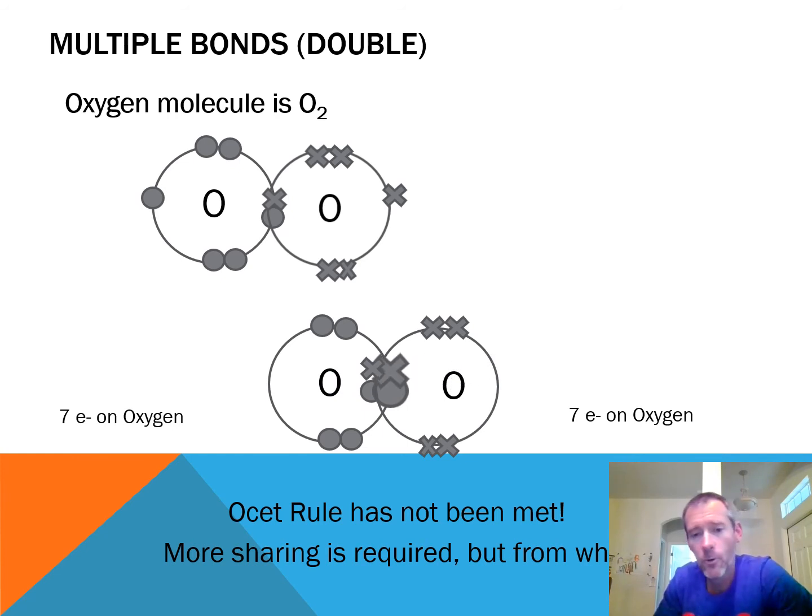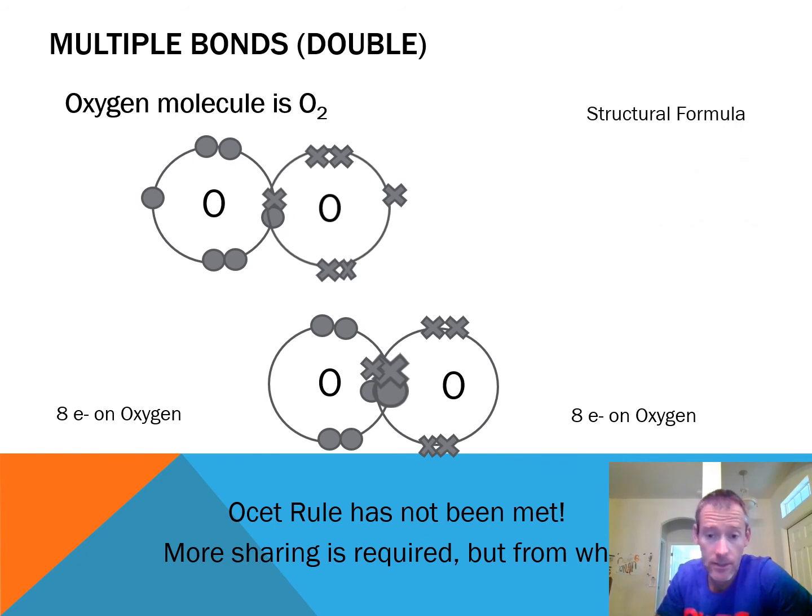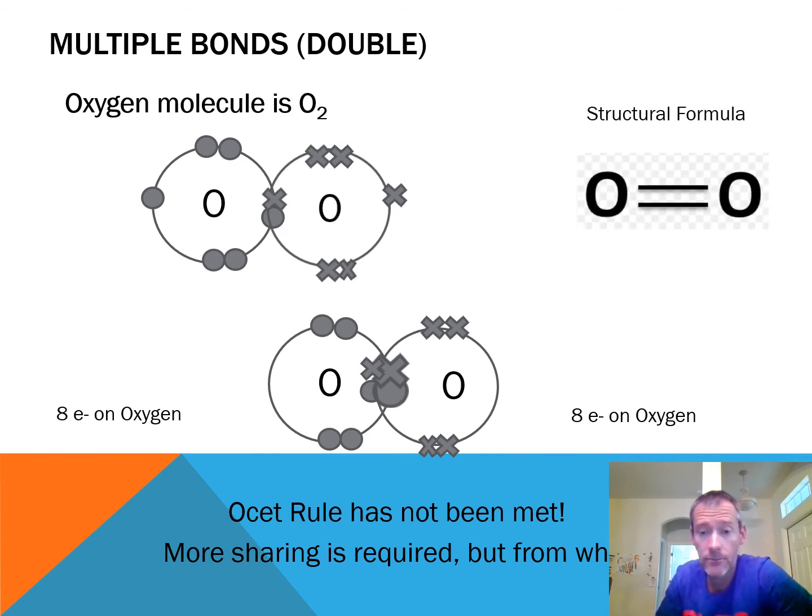So now you have 4 electrons bonding between the oxygen atoms. 4 electrons means you have 2 bonds, so it forms a double bond between the oxygens. They both have 8 electrons now around oxygen, 4 in the middle and then 4 on each outside.